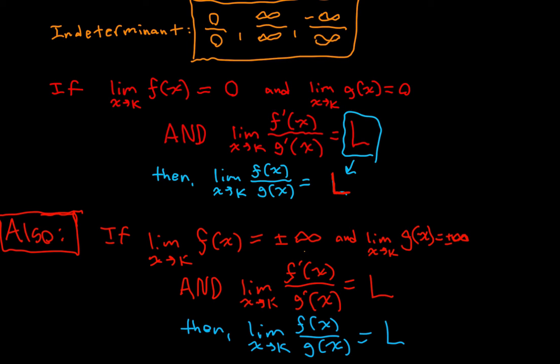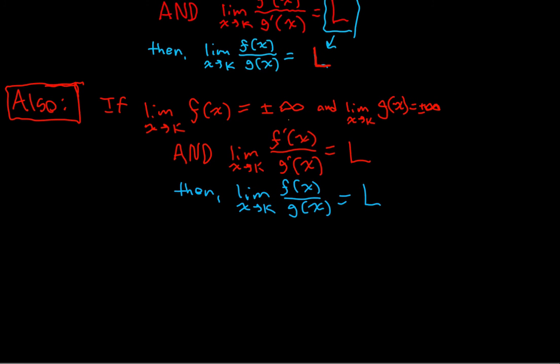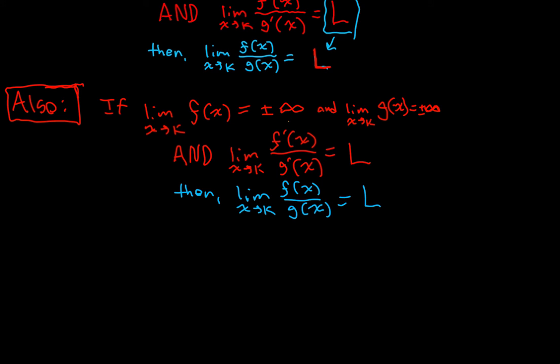So basically, I'm going to write this out in one more way because I think this is the clearest way of expressing it, though maybe not the most mathematically pure. It's the way that you'll think of it when you're doing problems like this.